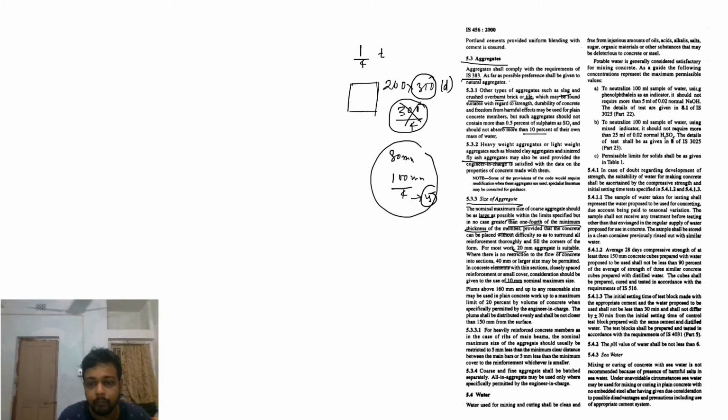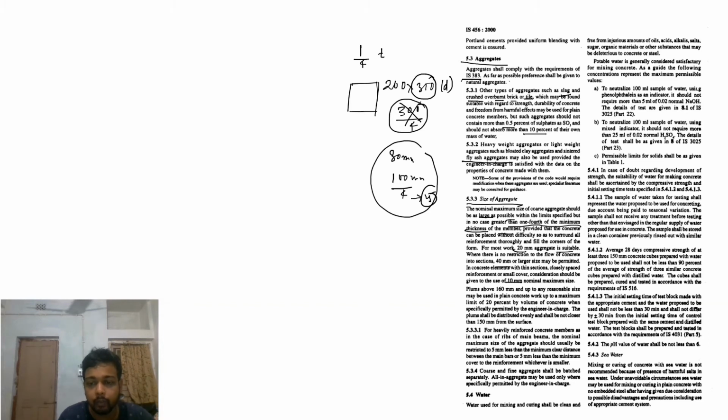Plums of 160 mm up to a reasonable size may be used in plain concrete, with a maximum limit of 20% of the volume of concrete, when specifically permitted by the engineer in charge. The plums shall be distributed evenly and shall not be closer than 150 mm from a surface.